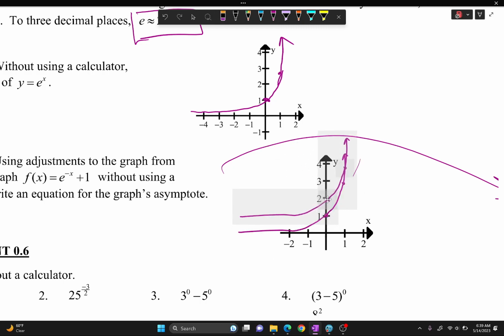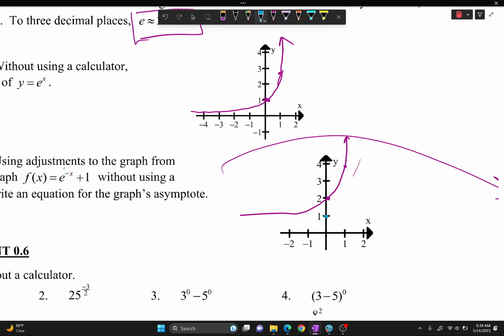Ready? Boom. I shifted it up 1. And that's it. Wait a minute, it used to cross right here. Now it's going to cross right there. Why? Because I wanted to take every output and make it 1 bigger than it was before.